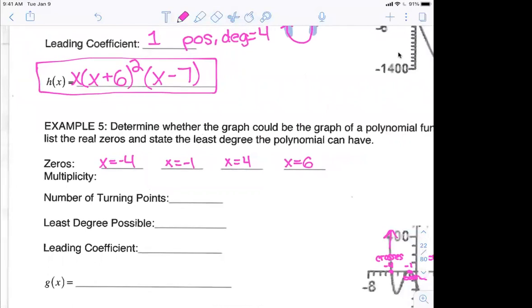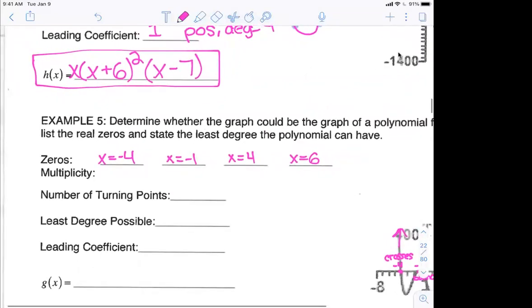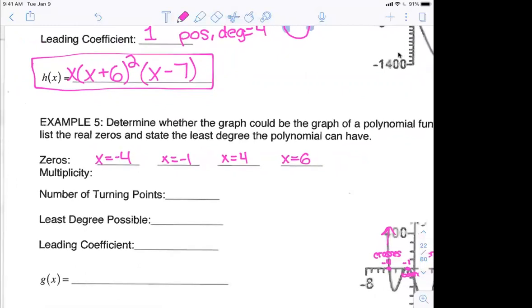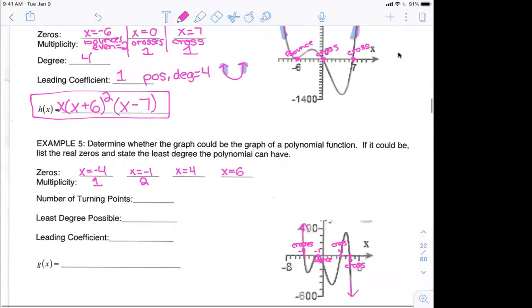If it crosses, it's 1. If it crosses and wiggles, it's going to be like 3. For x equals -4, it crosses, so it has a degree of 1. When x is -1, it bounces, so the degree is even, so we put 2. When x equals 4, it crosses, so degree 1. And when x is 6, it crosses, so degree 1.